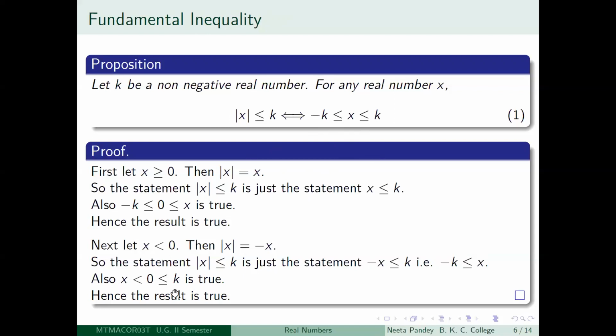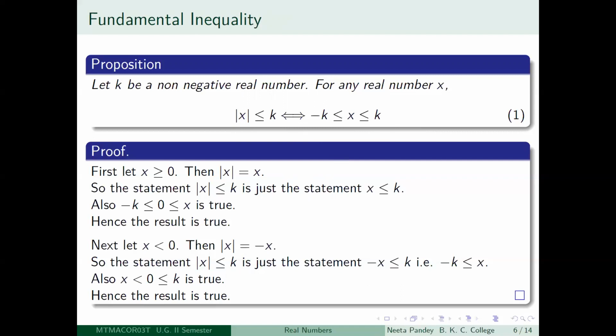So again by the transitivity property, x is less than or equal to k. In fact, x is strictly less than k, but that is enclosed in the statement that x is less than or equal to k. So mod x less than or equal to k is the same as the statement minus k less than or equal to x less than or equal to k. This is our fundamental inequality.